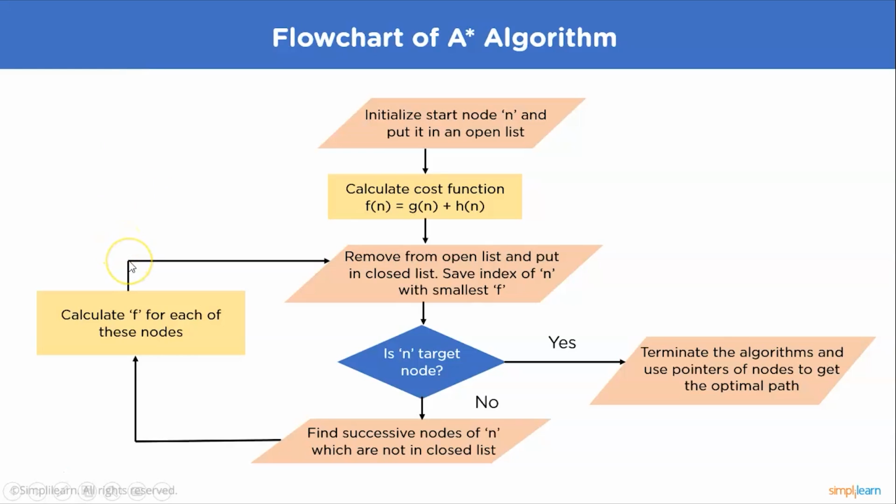So using this, we're going to hop from one node to another depending on which node has the lowest cost function. Once this is over, we're going to again take some other node and we're going to repeat this process until we've found all the possible paths to a final destination node. And in this way, the A-star algorithm is not only going to find the shortest path, but it's also going to find all possible paths.